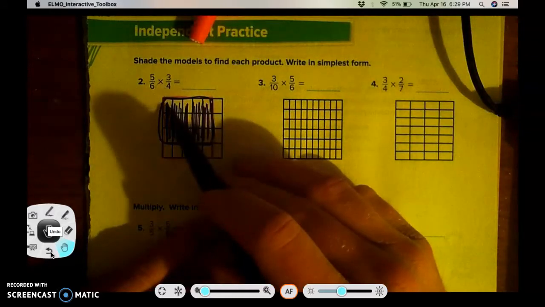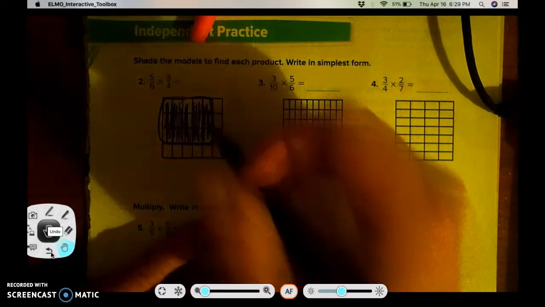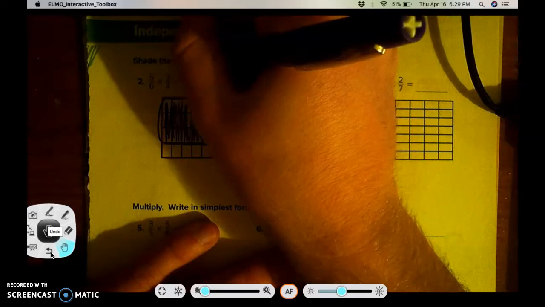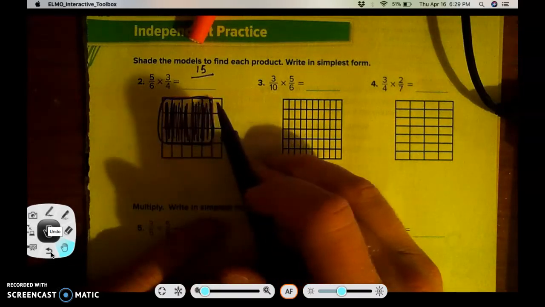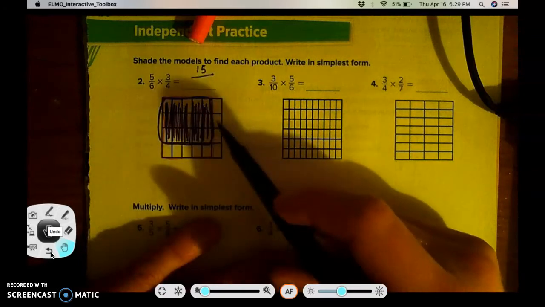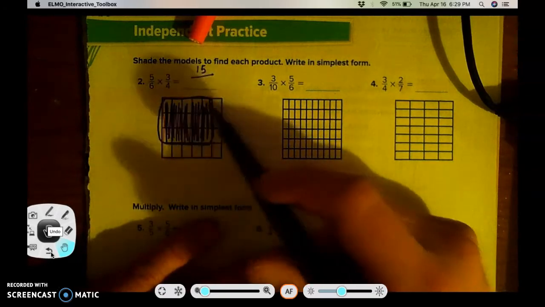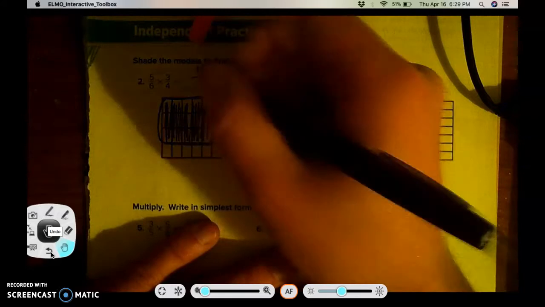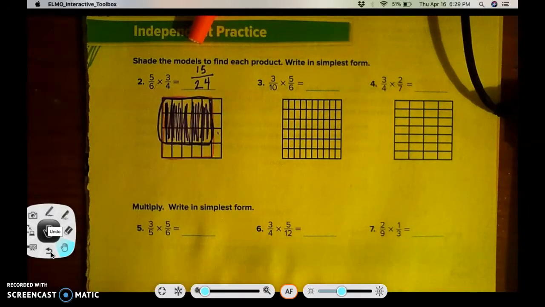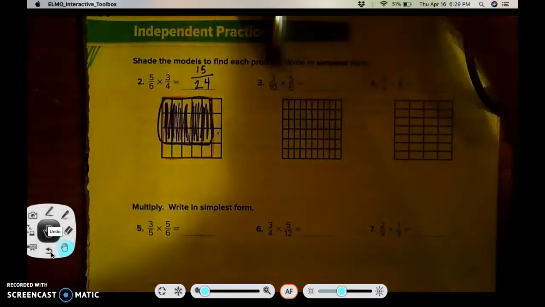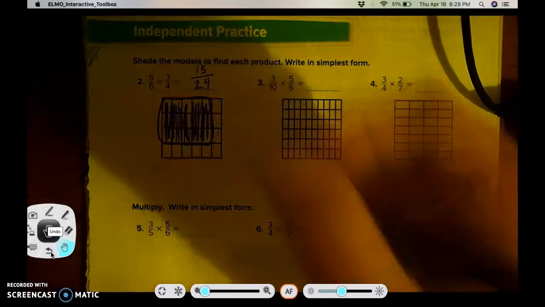So we have 5, 10, 15 squares that we're looking at, out of 1, 2, 3, 4, 5, 6 here and 1, 2, 3, 4. So 6, 12, 18, 24 total. And I know that I can simplify that because 15 and 24 have a common factor of 3.